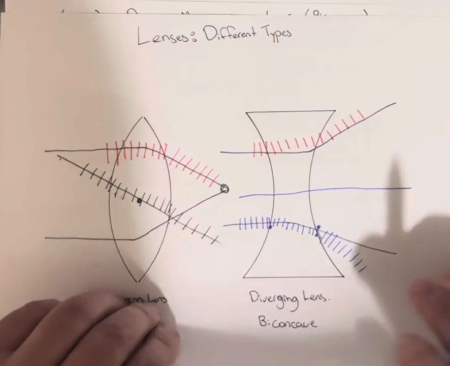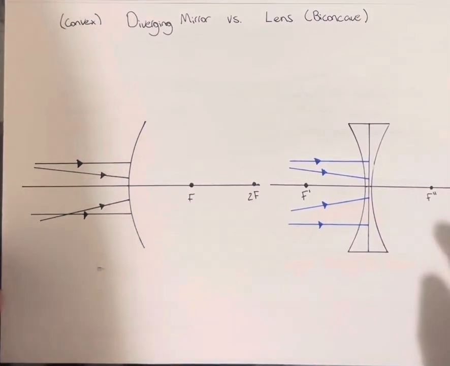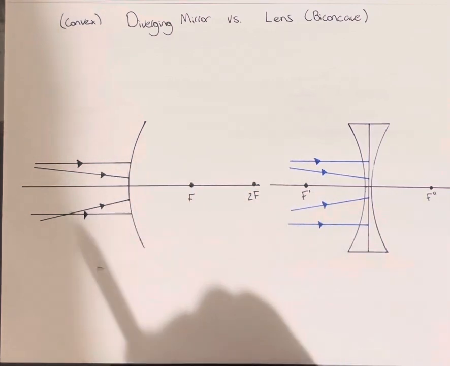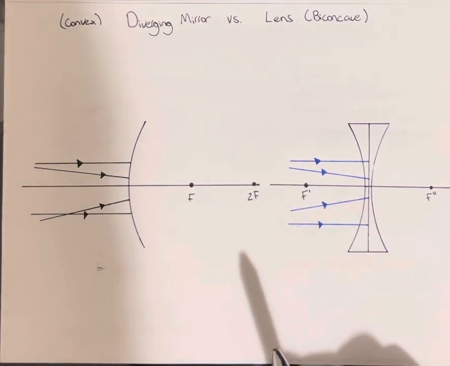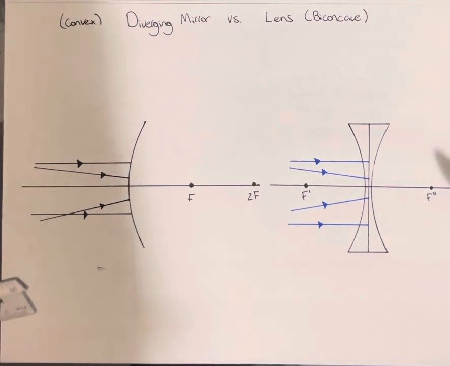So when we get into our diverging mirrors versus our diverging lenses, very similarly to what we saw in our previous examples, we're going to see a lot of consistency between these two things. We saw that in our diverging mirrors, our individual reflected rays do the opposite of what we saw in our converging mirrors.